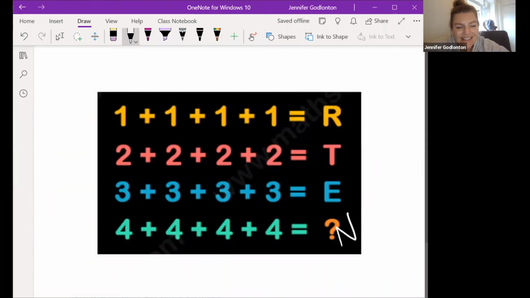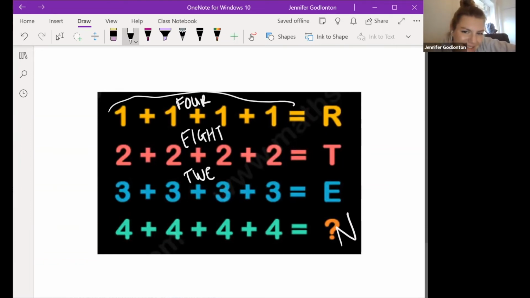Those of you who hadn't seen that it was N, do you see why it is N now, before I explain? Okay, so 1 plus 1 plus 1 plus 1 gives us 4. 2 plus 2 plus 2 plus 2 gives us 8. 3 plus 3 plus 3 plus 3 gives us 12.